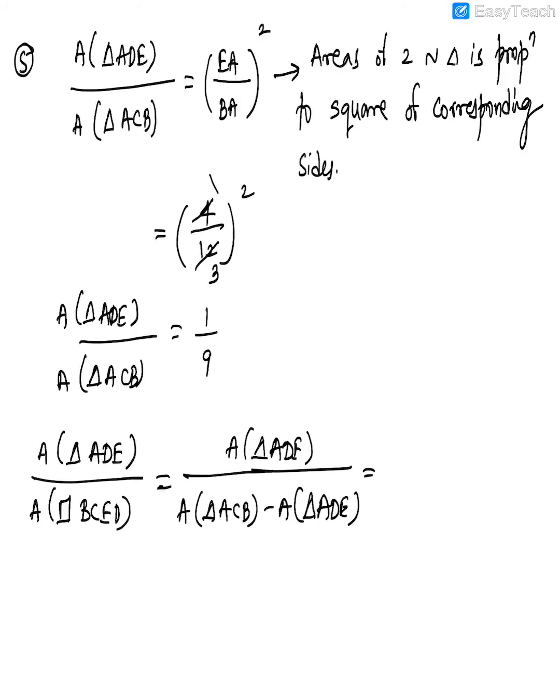Sorry, not example 32, question number 32. I'll just draw the figure first, then we'll discuss the problem. So see, in question number 32, okay, they have also given one more perpendicular from D to E here.